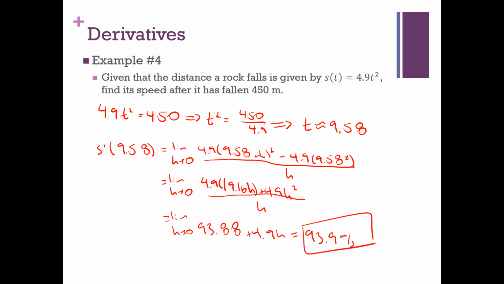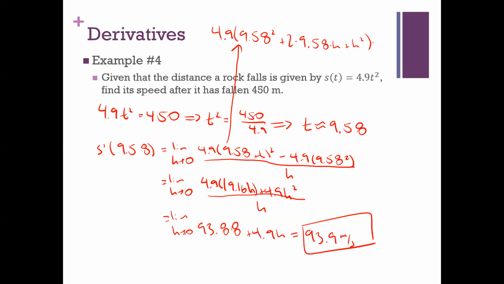Go ahead. The second one, why is it 4.9 times 19.6? Yeah, I abbreviated some things that maybe I shouldn't have. So let me put that up in the margins. Going from this squaring here, this is going to come out to be 4.9 times 9.58 squared plus 2 times 9.58 times h plus h squared.